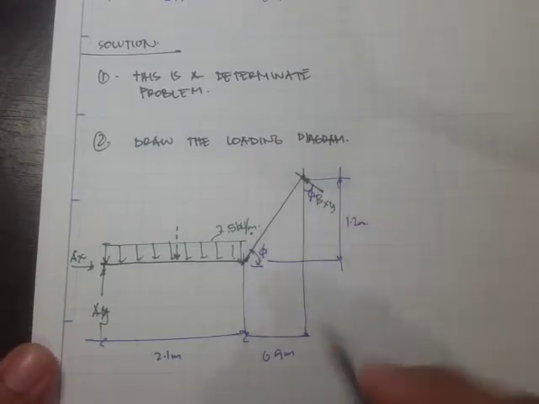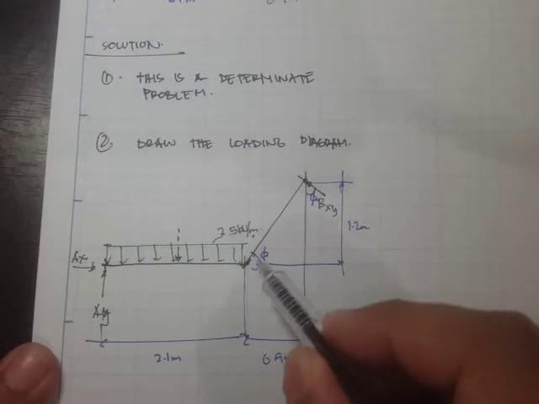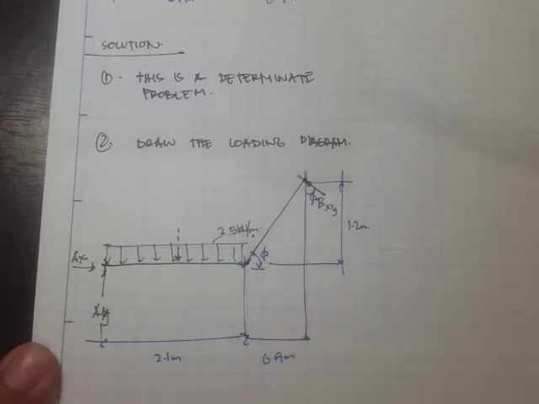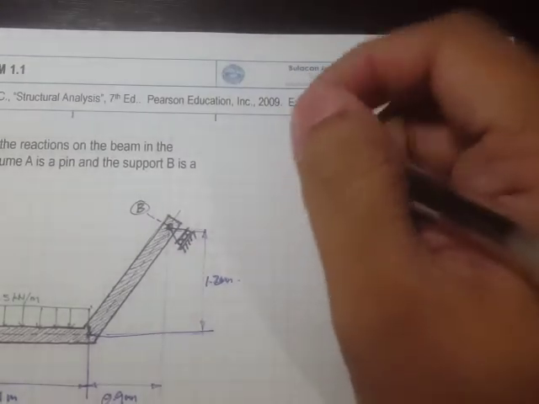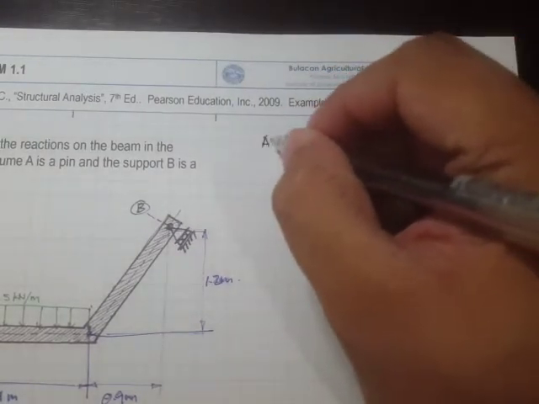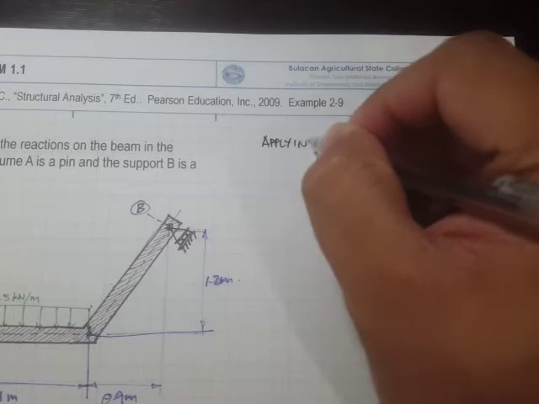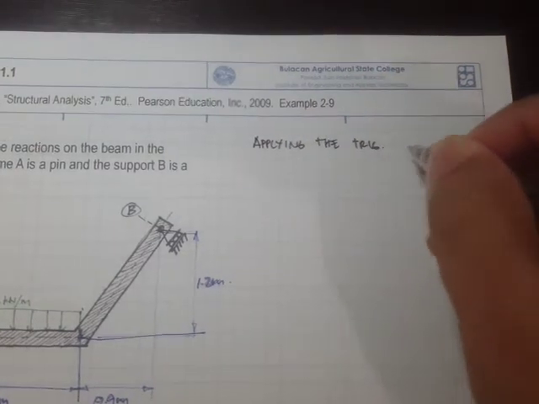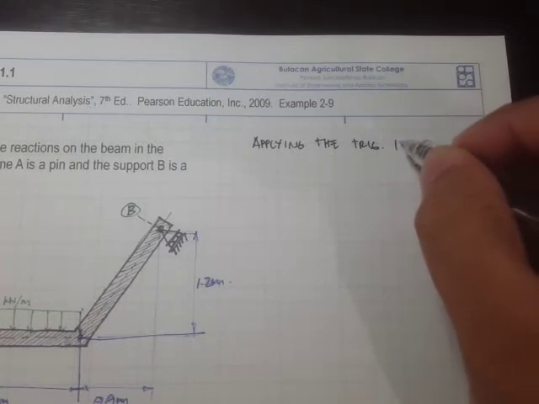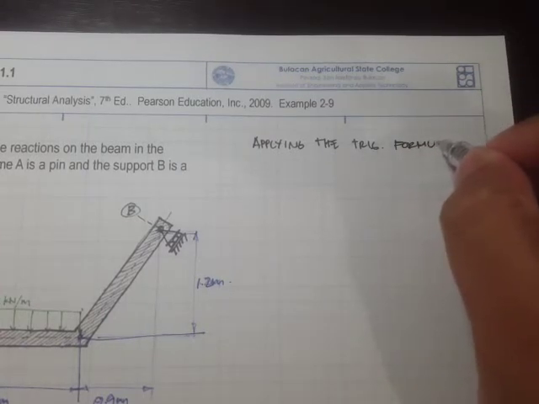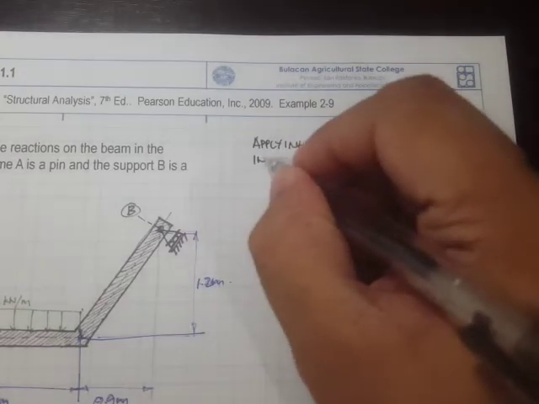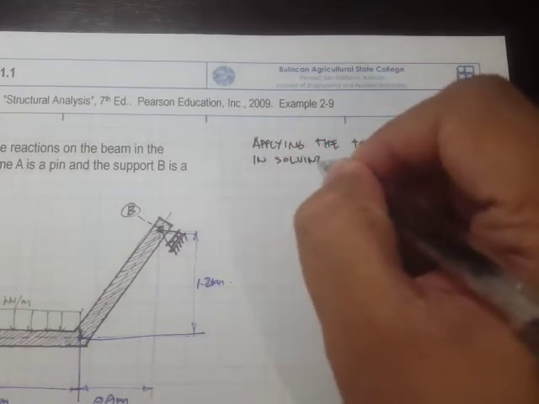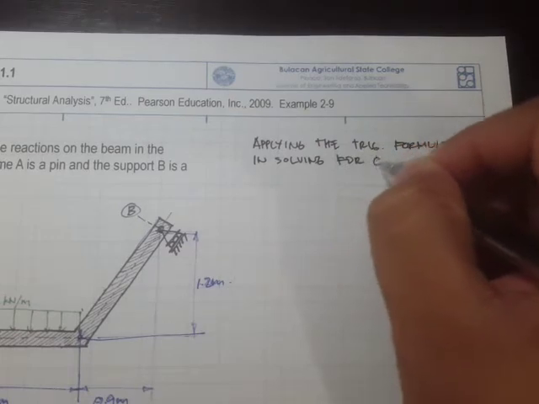Okay, so in order to find this, we only have to apply the trigonometric formulas. Let's write here: applying the trigonometric identities, or let's say formulas, in solving for the angle.